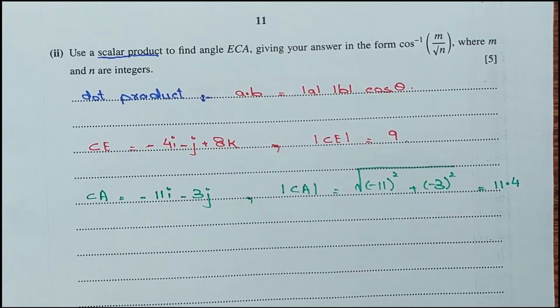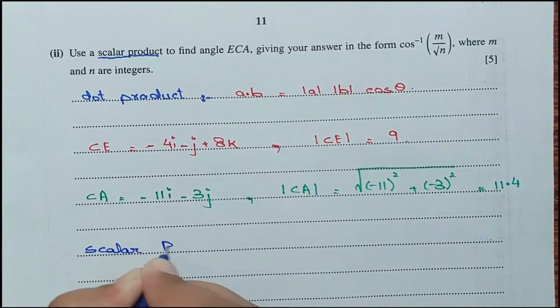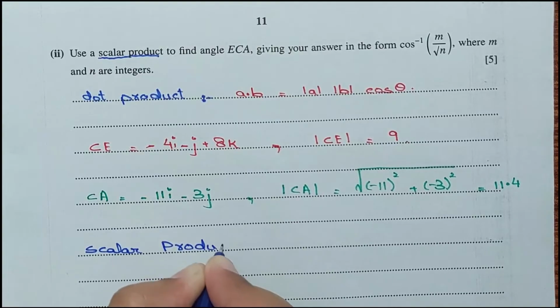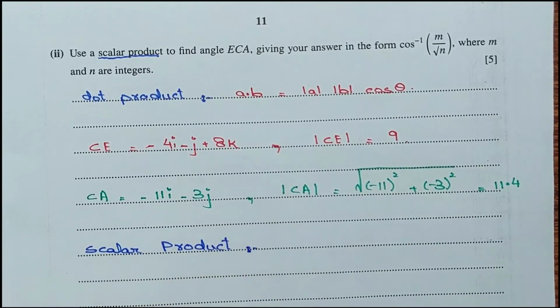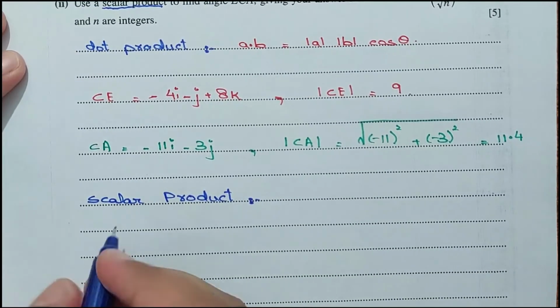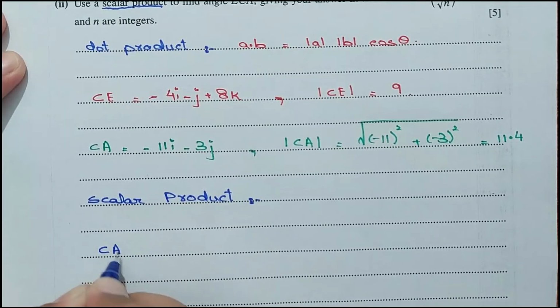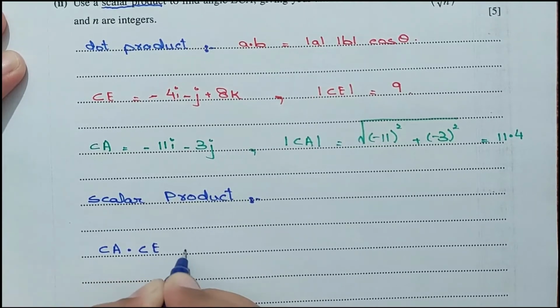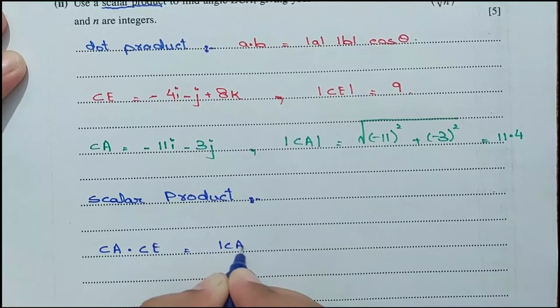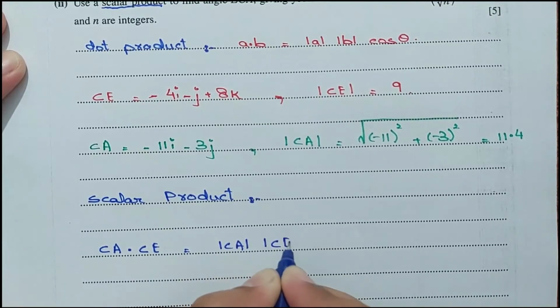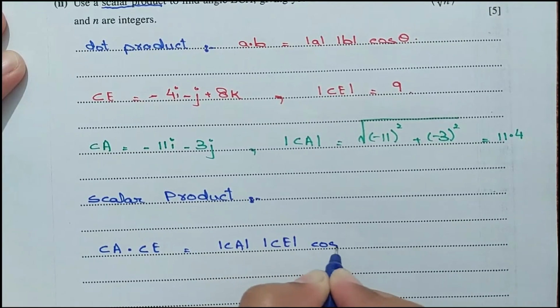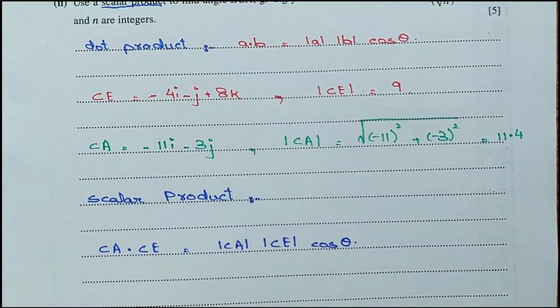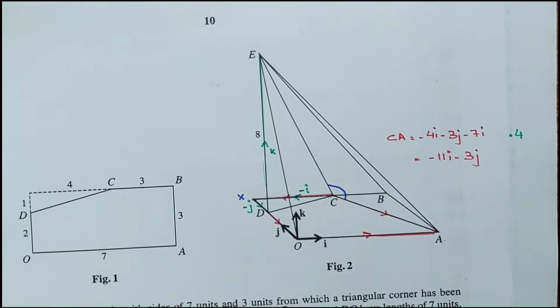Alright, so now applying the formula for the dot product, we can say the scalar product, or the dot product, is going to be the dot product of CA and CE. This is the magnitude of CA, magnitude of CE, and cos of theta. What is theta? Theta is the angle ECA. This is theta.